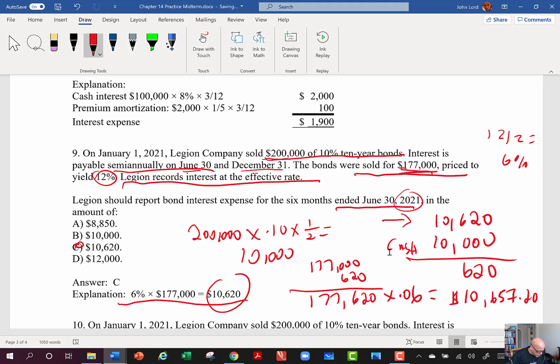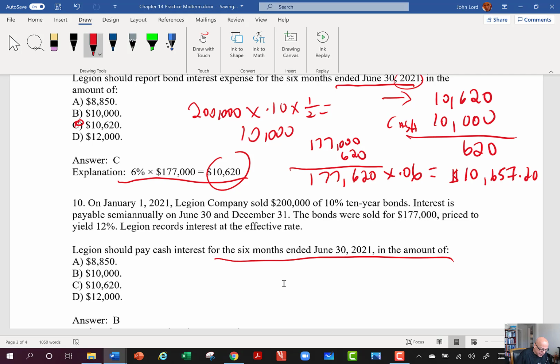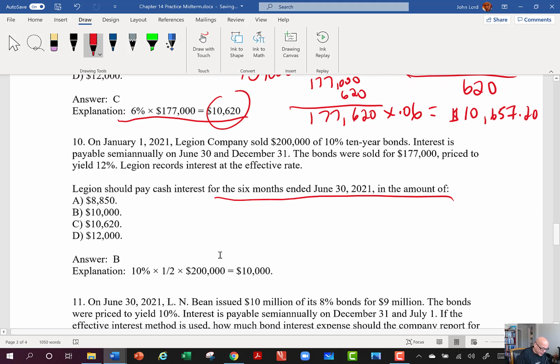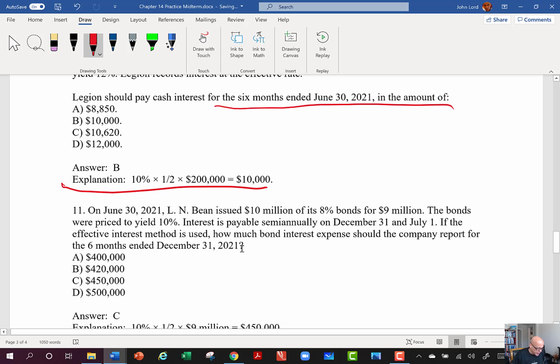Okay. All right, good. Let's go ahead and take a look at number 10 now. What is the cash interest for the 6 months? Well, we just did that. I just showed you that because it's the same question. The cash interest is 10,000. And of course, you would then compare that to the actual effective interest expense to calculate the amortization of, in this case, a discount.